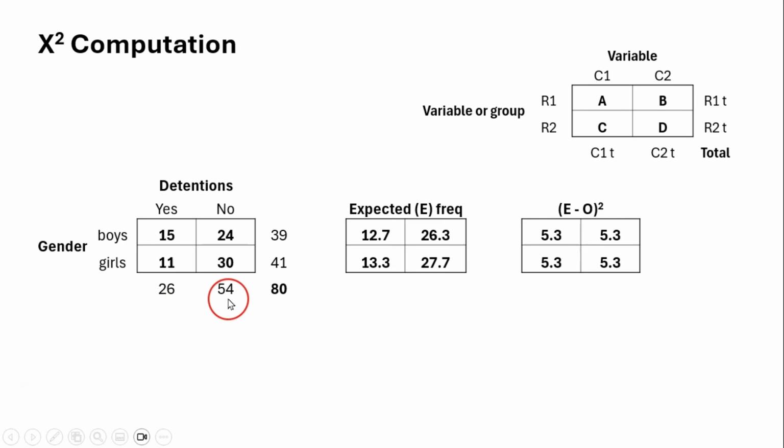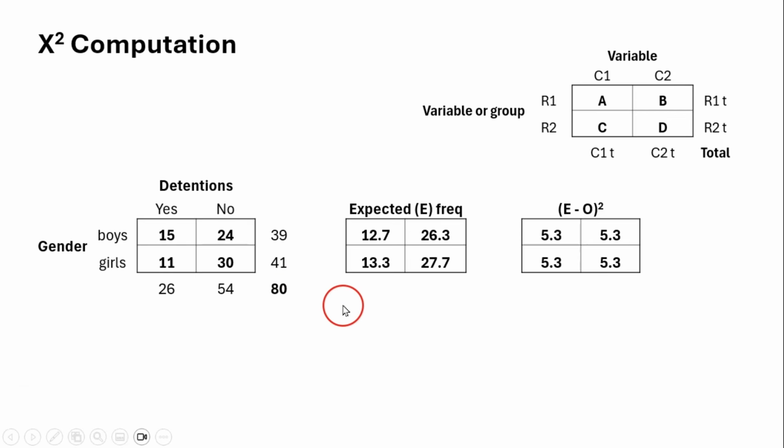So now you're ready to do the calculations here. The first step in the calculation is to calculate the expected frequencies based on what we observed in this first table. So if you shift your attention to the middle box here, we can calculate these expected frequencies. So how is that done?